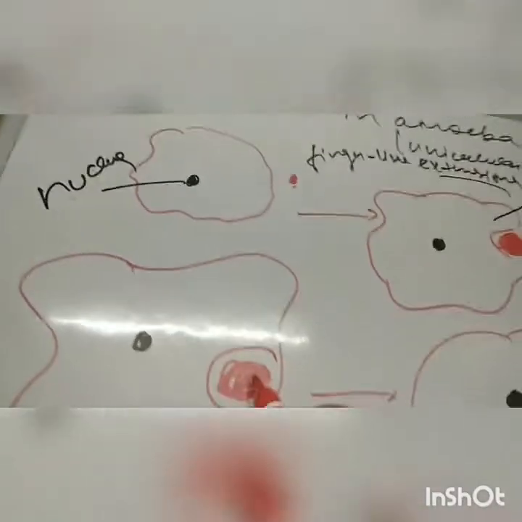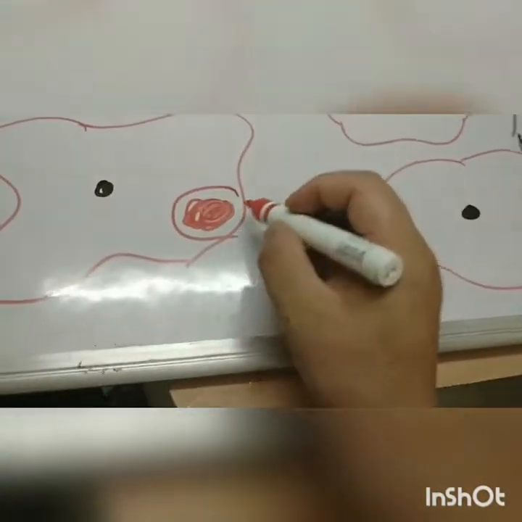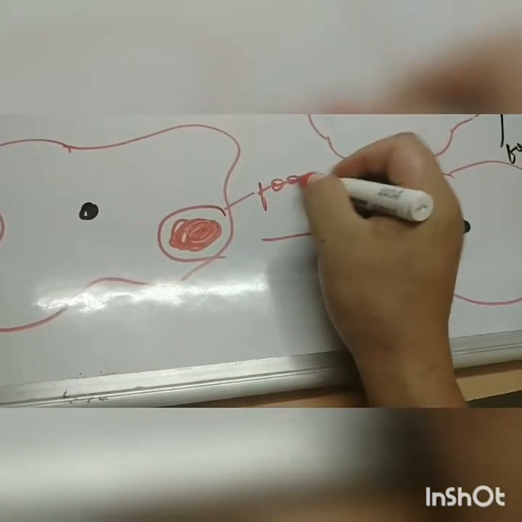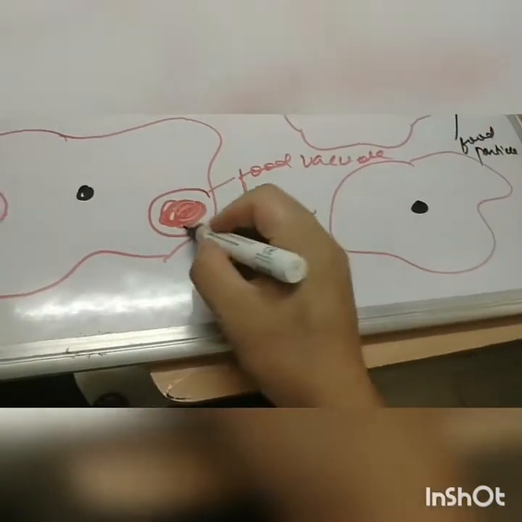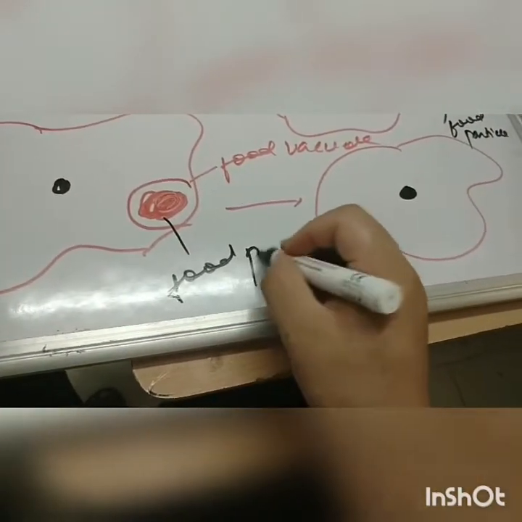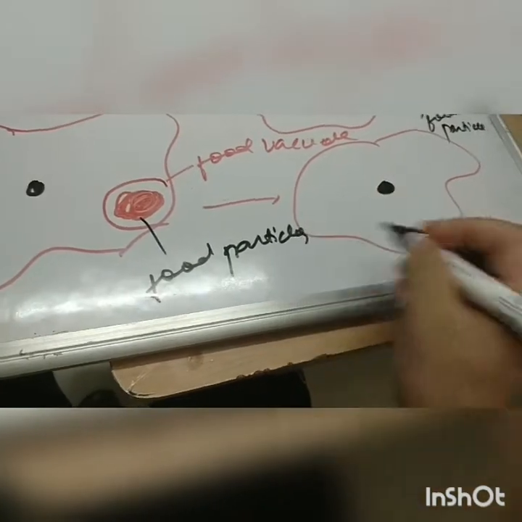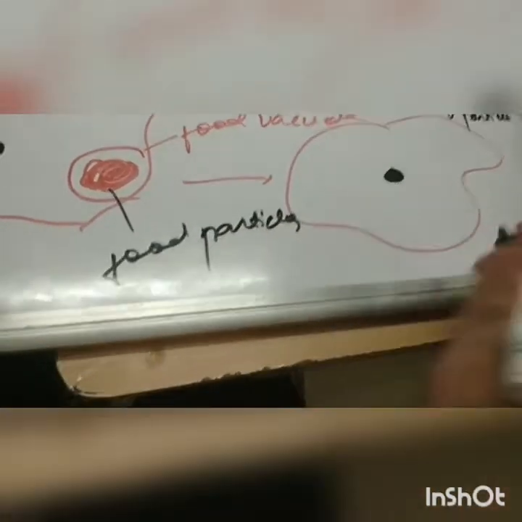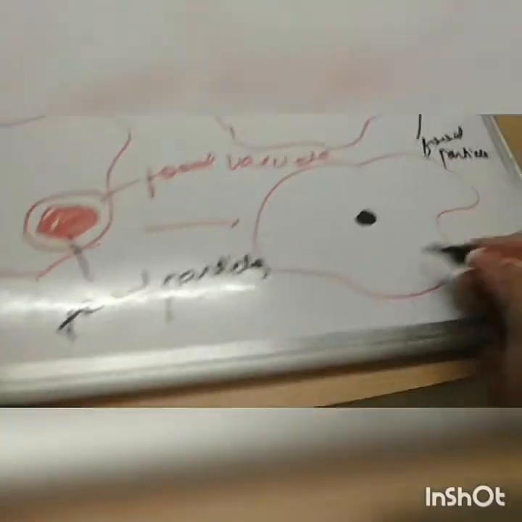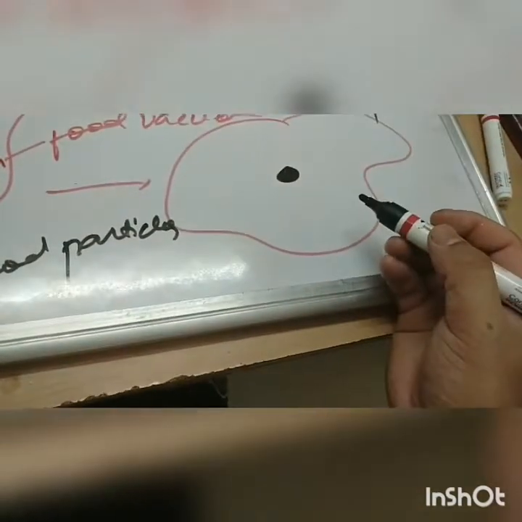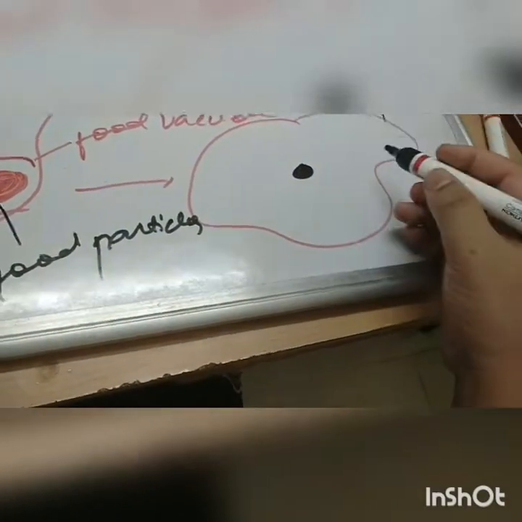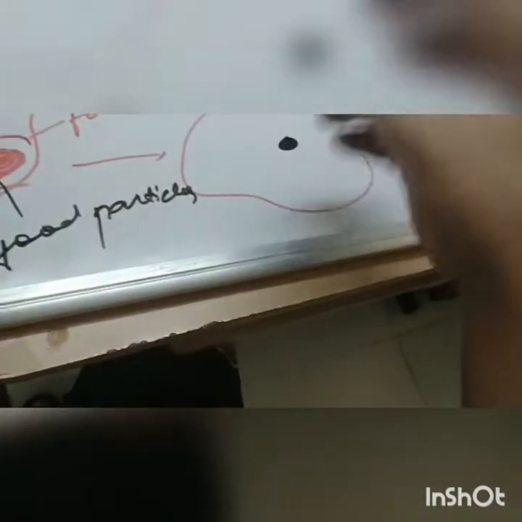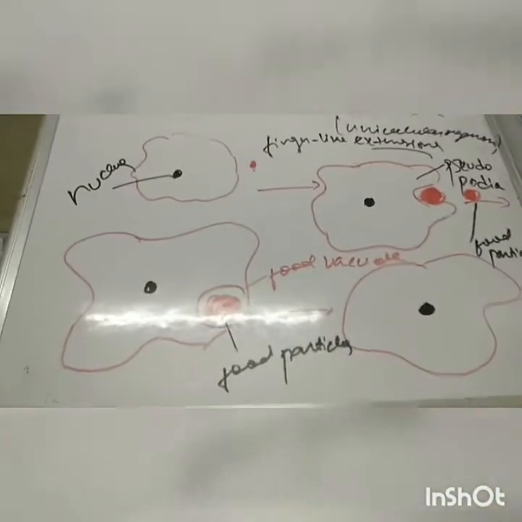It grabs it and it is taken inside. This place is called the food vacuole, and this is the food particle. And this is a mature structure. After the amoeba has taken the food particle, the food is already consumed by the amoeba, and this is a mature structure of the amoeba. So this is how nutrition in amoeba takes place.